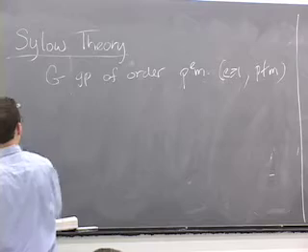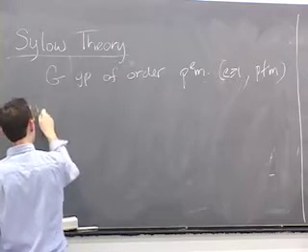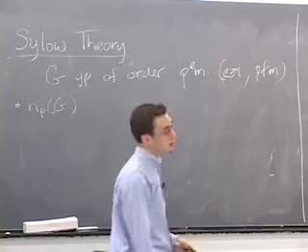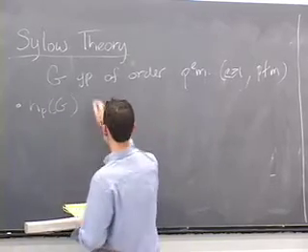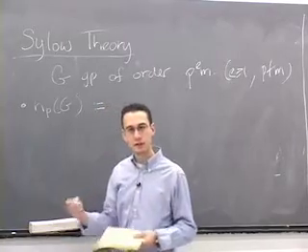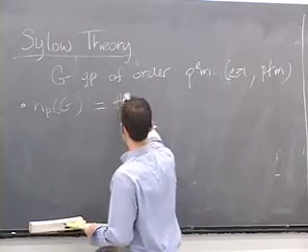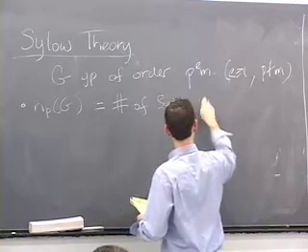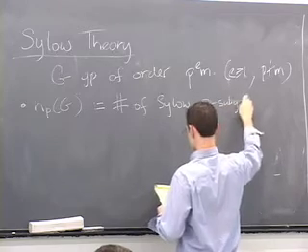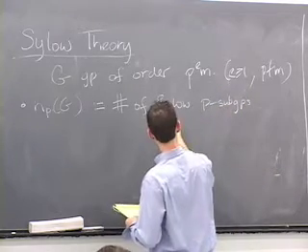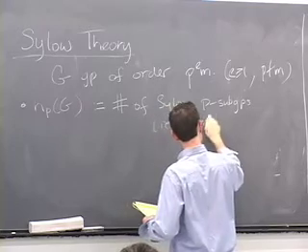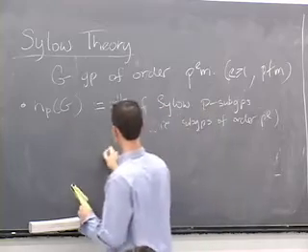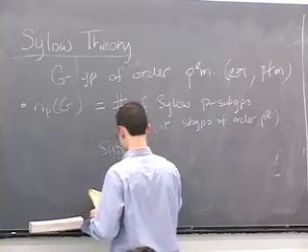So under those hypotheses, then we know a lot about the Sylow p subgroups. In particular, you should know the definition of a Sylow p subgroup, of course. You can't really know the theorem unless you know what a Sylow p subgroup is. So the number of Sylow p subgroups, subgroups of order p to the e, satisfies a couple of things.